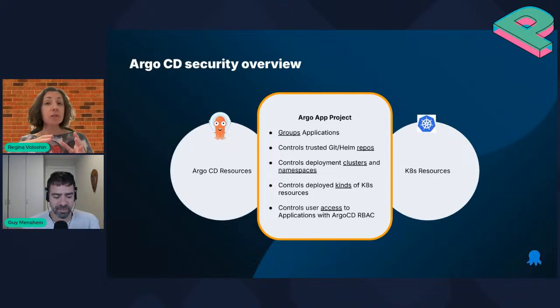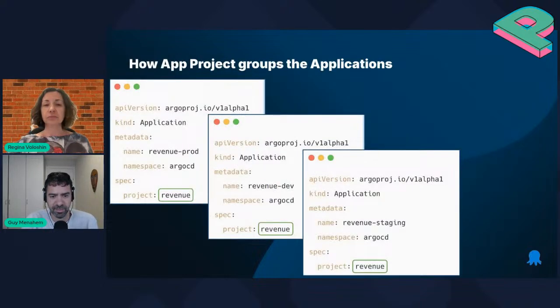It also controls the user access to applications with ArgoCD RBAC. This is an example of how an application project would group the applications. You see that all the applications have a common field that's called project. And this is the grouping.